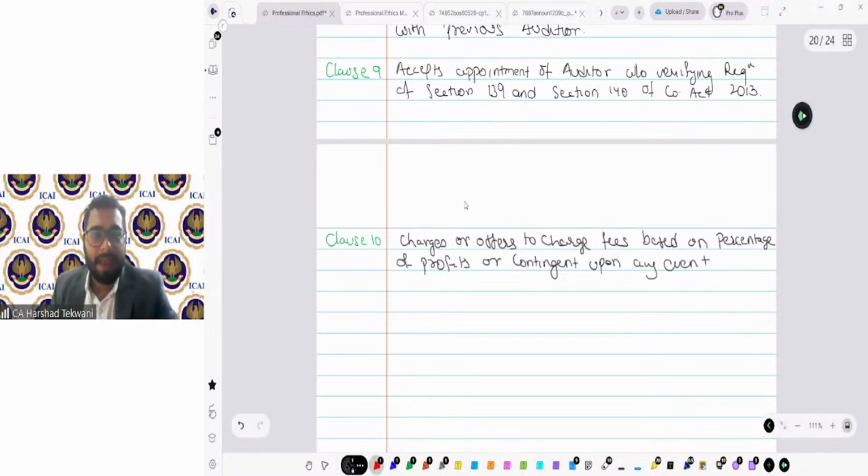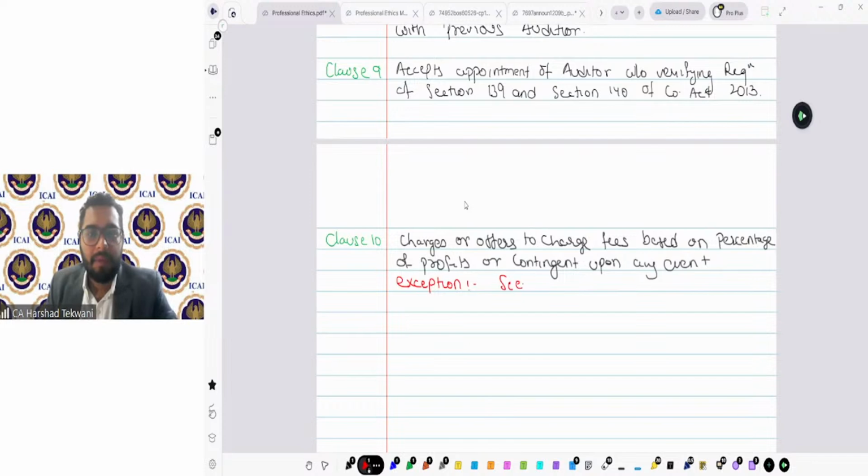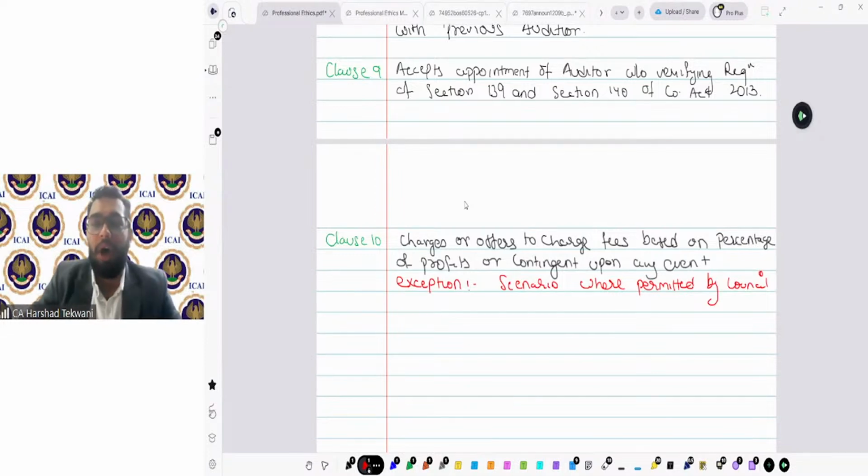In this case, the exceptions are the scenarios which are permitted by the council. So there are cases where it is permitted by the council to charge a percentage of an amount as a fee.